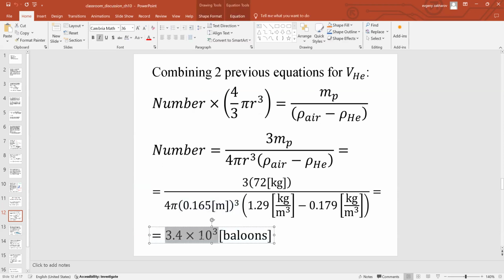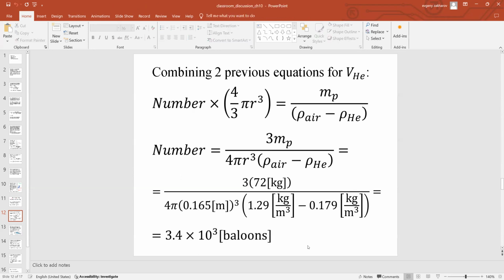So about 3,400 balloons. Well, that makes sense because one balloon is definitely not enough. 100 would still not do the trick for 70 kilograms. But eventually you can get a few thousand of those balloons and you will beat the gravity. It's totally possible to beat the gravity.